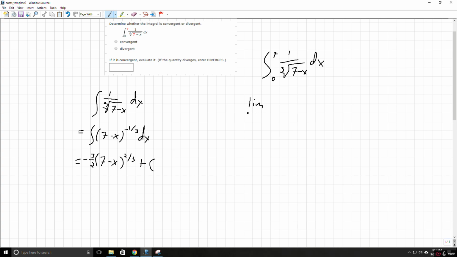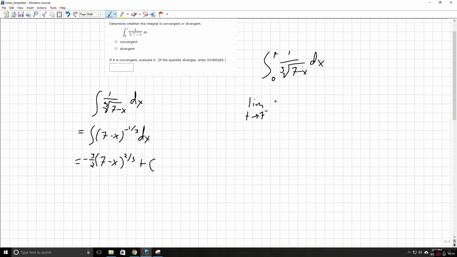So limit, the variable usually used is t. Limit of t as t approaches 7. And so the range here is 0 to 7. So you'll be approaching 7 from the left.